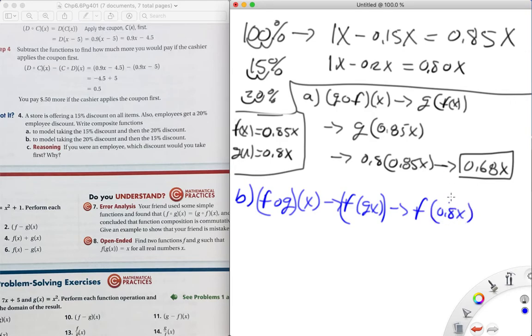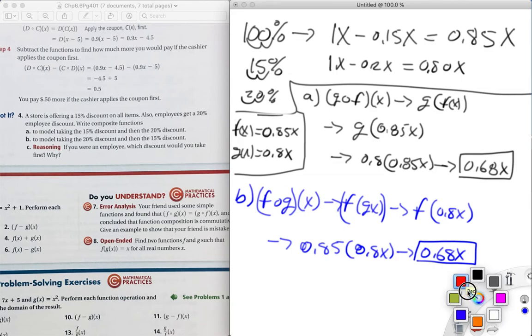And now the 0.8x is going to go in for x in 0.85x. And that's going to be 0.85 times 0.8x. And that gives you 0.68x. So in this case, there's no better bargain. They both give you the same discount.